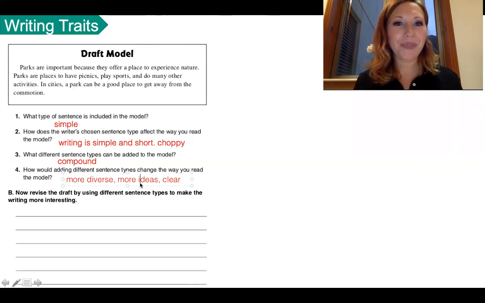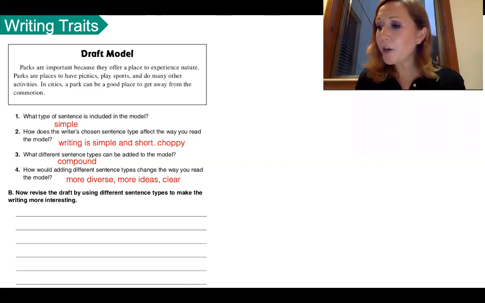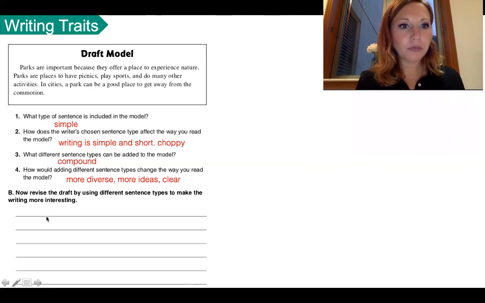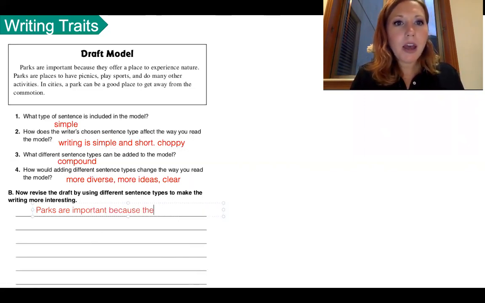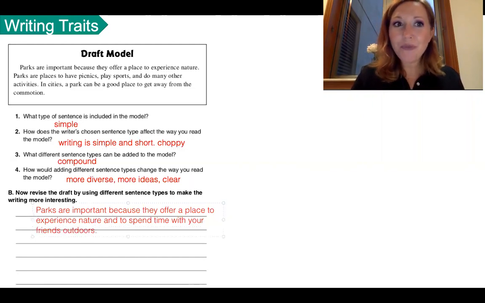All right. Now follow along as I change this model paragraph into something that is a bit higher level. Parks are important because they offer a place to experience nature and to spend time with your friends outdoors.